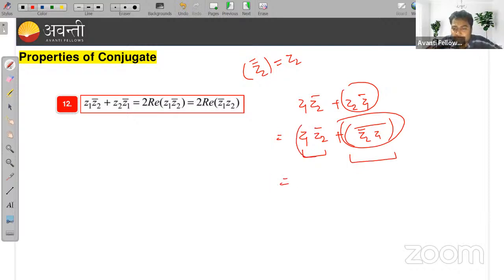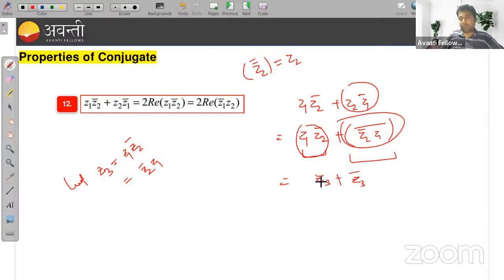Suppose I take Z3 equal to Z1 into Z2 bar. Then it is also equal to Z2 bar into Z1, same na? So we can write this as Z3 plus the conjugate of Z3.